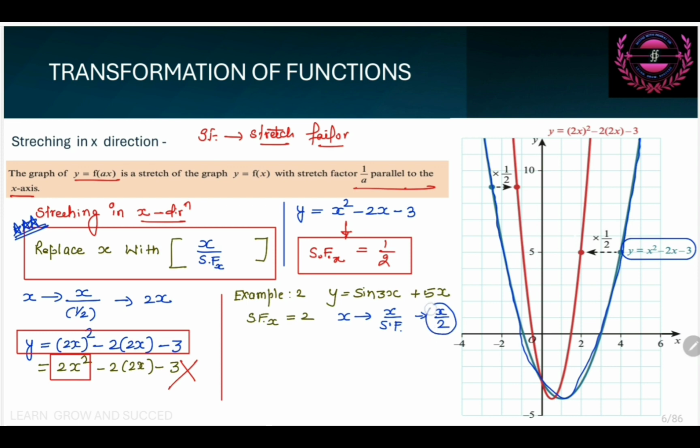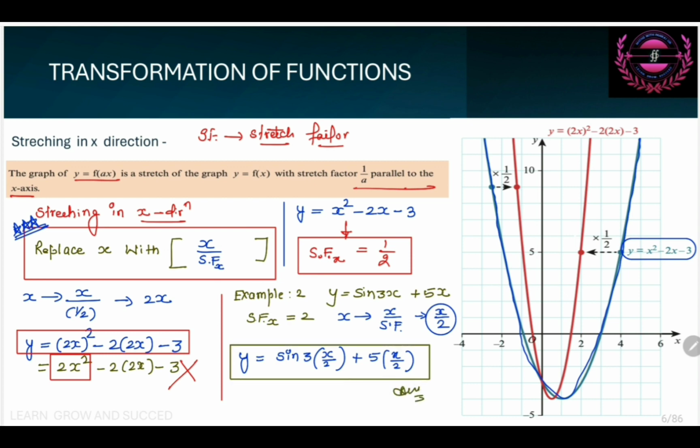So I will replace all the x with x by 2. Now my graph after transformation will be y equals sine 3 x by 2 plus 5 x by 2. So this is my final answer. I hope you have understood the concept.